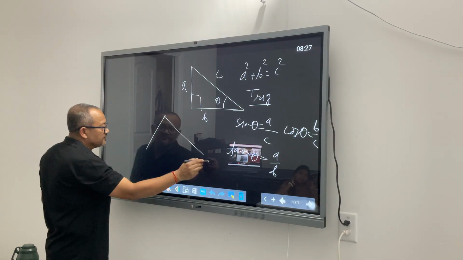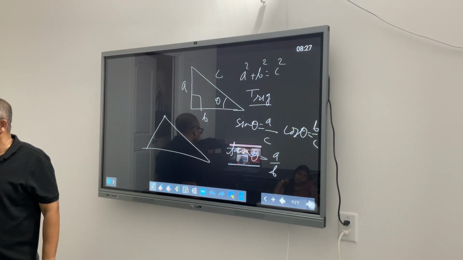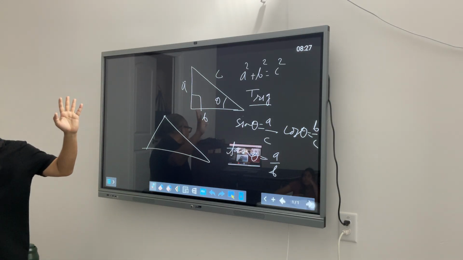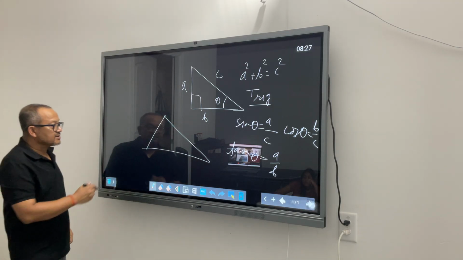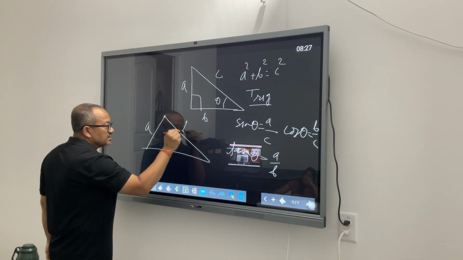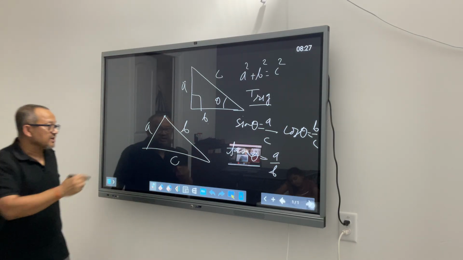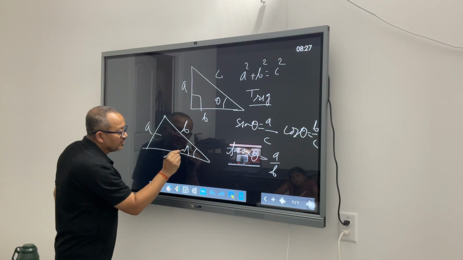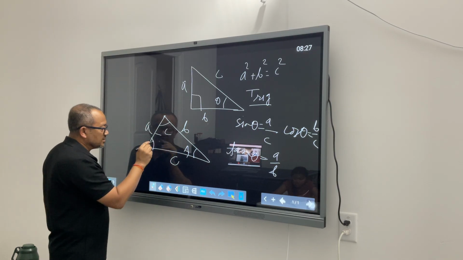If we go to the next flavor of it, it's a triangle where it's not a right angle triangle. We are not mandating it. We are saying it's just a triangle. It may or may not be a right angle triangle. In that case, if I have these three sides A, B and C, how do we establish the relationship between the angle and the side? This is where the law of sine helps us establish that relationship.